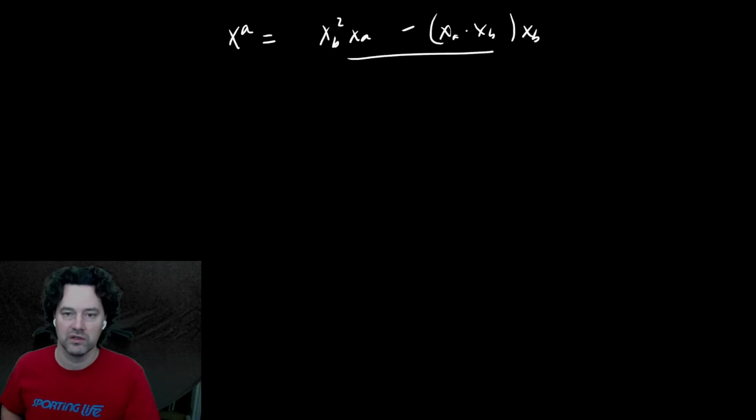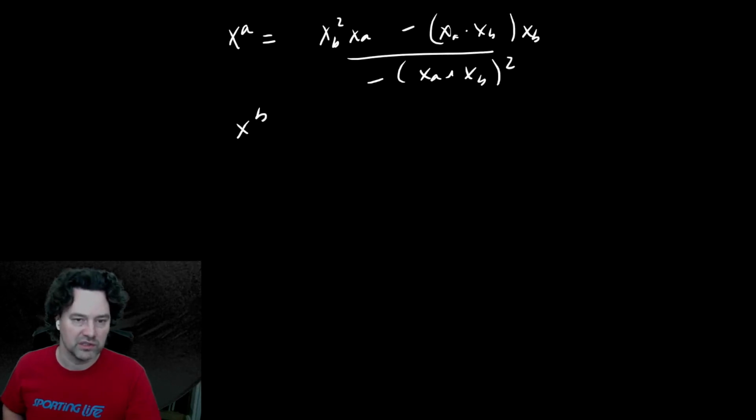So we have xa reciprocal as xb squared xa minus xa dot with xb times xb, all over minus xa wedged with xb squared.